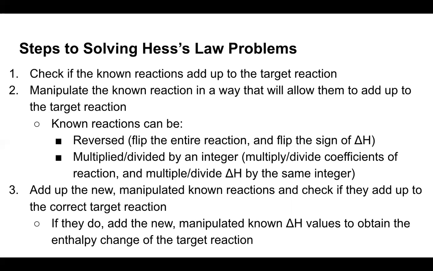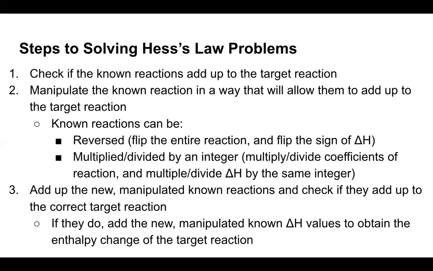And so if your target reaction matches up with your known reactions, basically it gives you the green light to add up the enthalpy changes from your known reactions to get the enthalpy change of your target reaction.